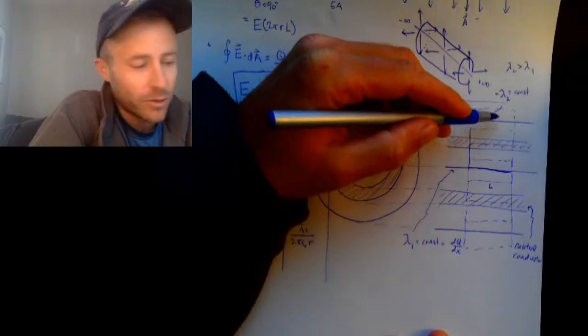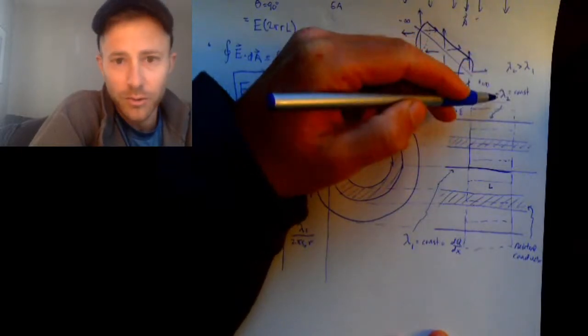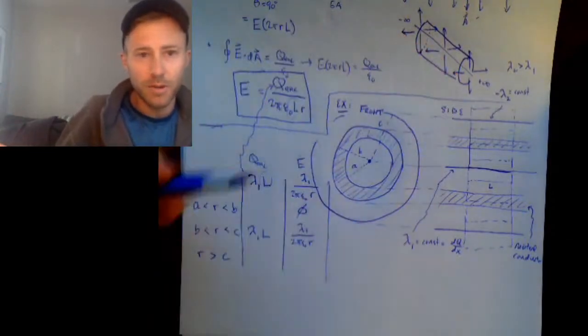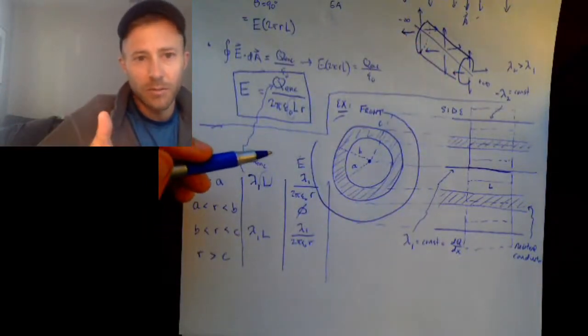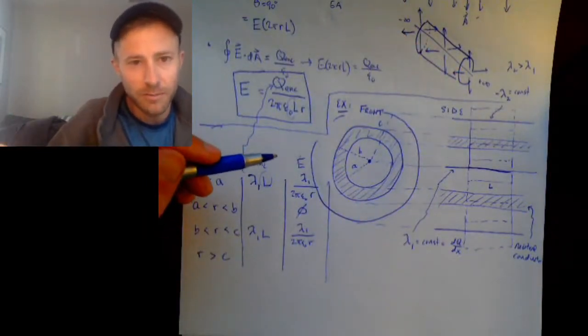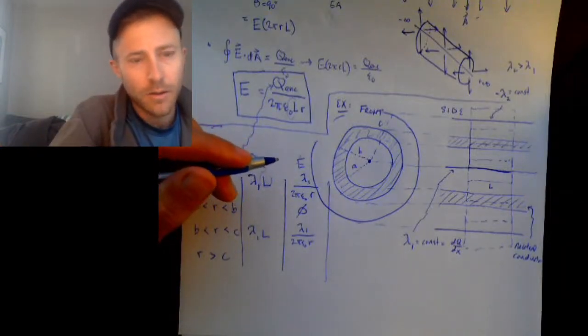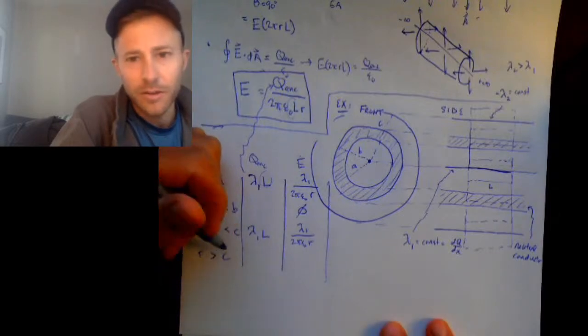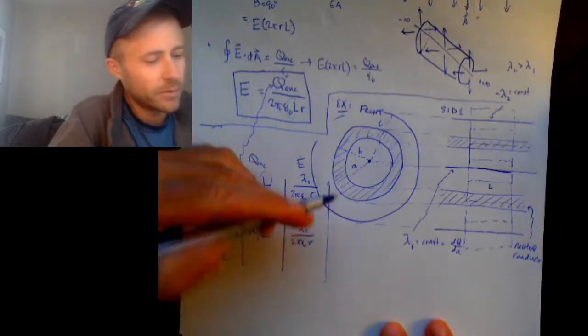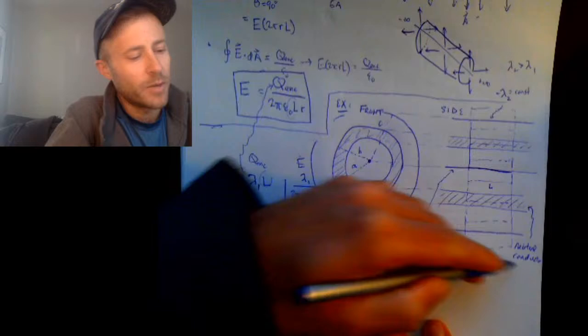This one has a charge per length as well, so again we multiply lambda by the length to get the total amount of charge enclosed in here.